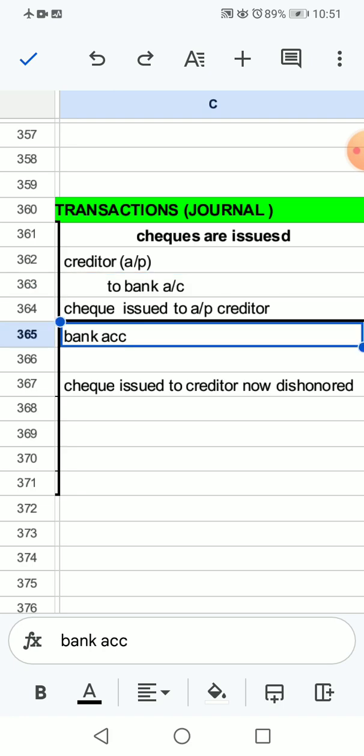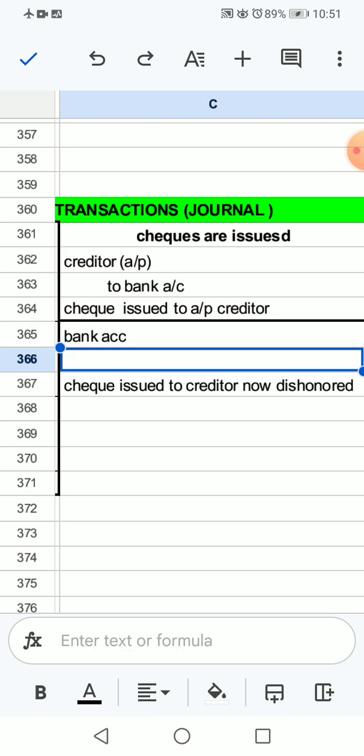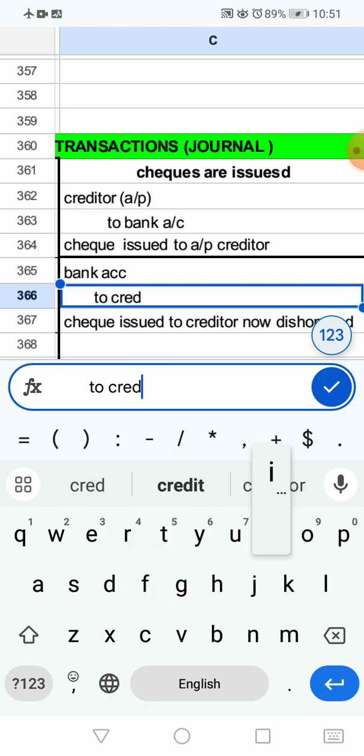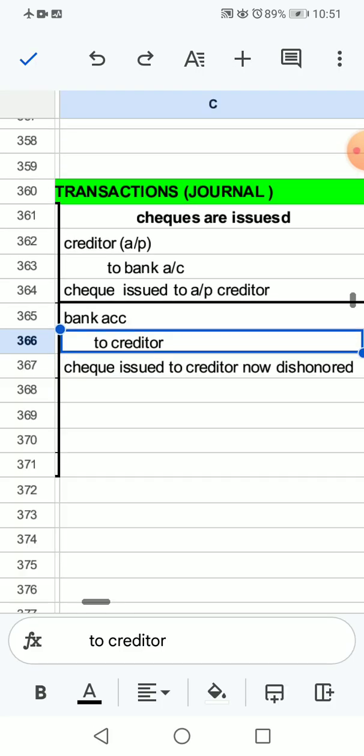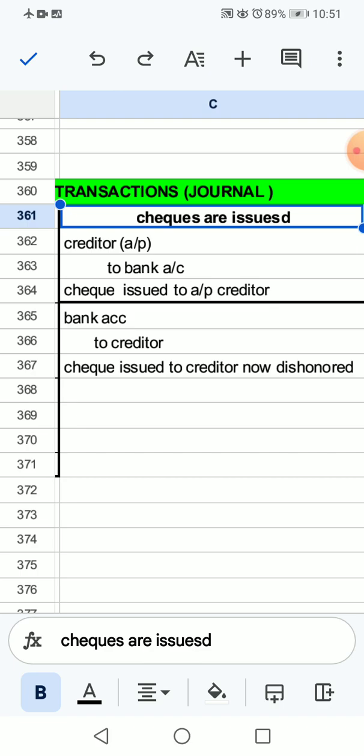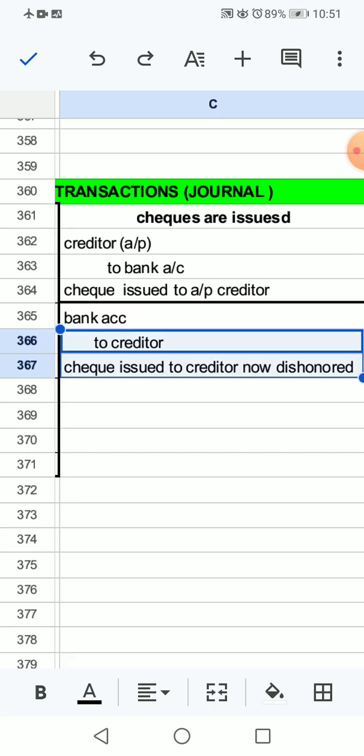That is why you have debited your bank account. And since the amount has not been paid to the creditor, it is still your liability, and you will credit your creditor because your liability has been increased in case of dishonor. These are two entries related to checks issued. And now we will proceed to the next entry.